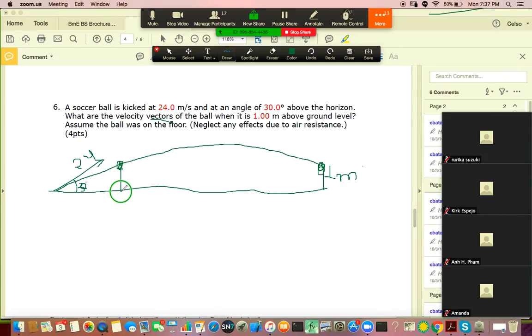So there are two velocity vectors. That's the whole thing. So you have one velocity vector when the ball is moving up to its highest point, and you have another velocity vector when the ball is going down. So it goes like this, and then falls. So here it reaches 1 meter, and then it goes down, another meter there, right?